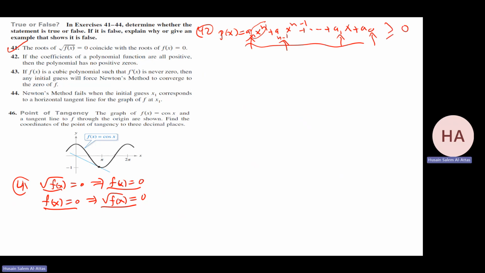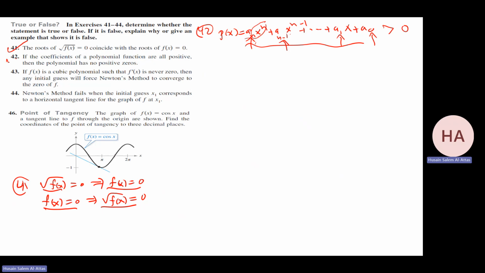Impossible to be 0. There is no positive zero. That should always be positive. Positive times positive, positive times positive. The sum of positives will always be positive.